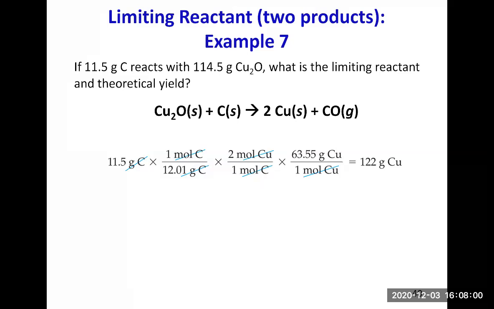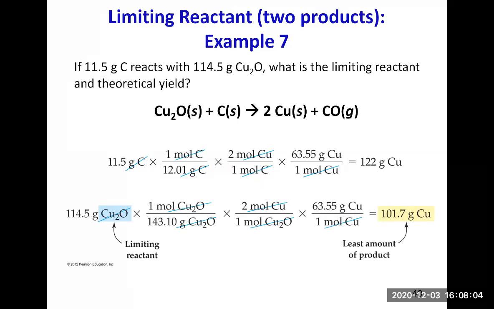You do the next calculation with the amount of the other reactant, and that's 114.5 grams of copper 1 oxide. So multiplied by the first conversion factor, that is the molar mass of copper 1 oxide.